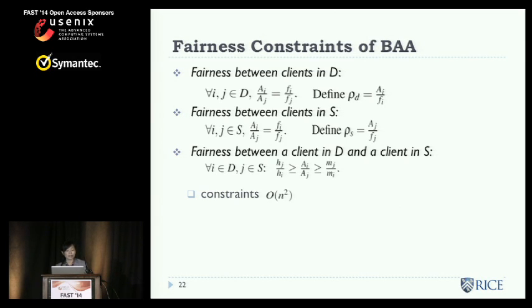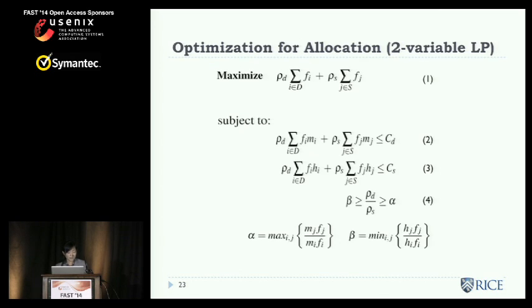It seems to require n square comparisons, but we can simplify all the constraints to a two-variable linear problem. The first, the target function, is to maximize the system throughput. Equations 2 and 3 are capacity constraints, and equation 4 is the fairness constraints.